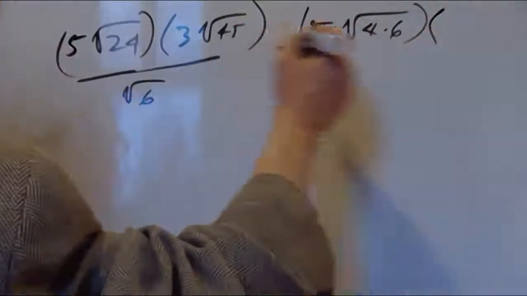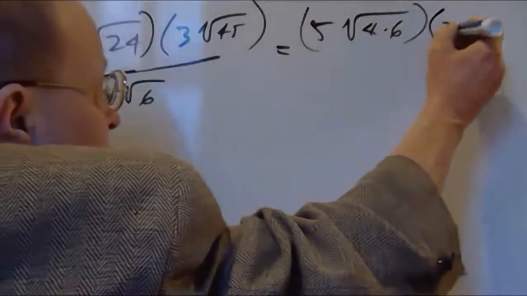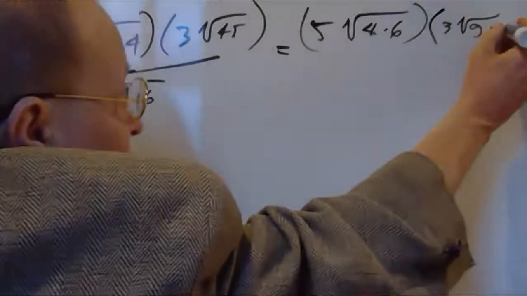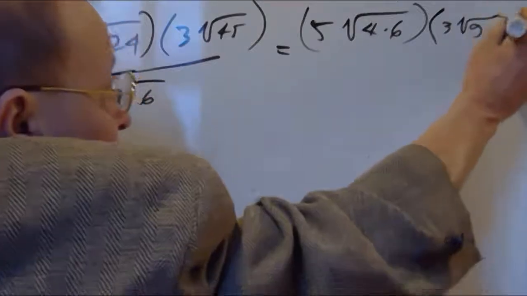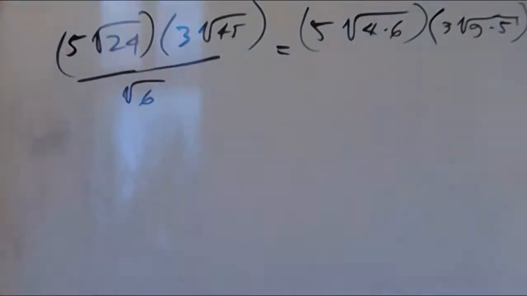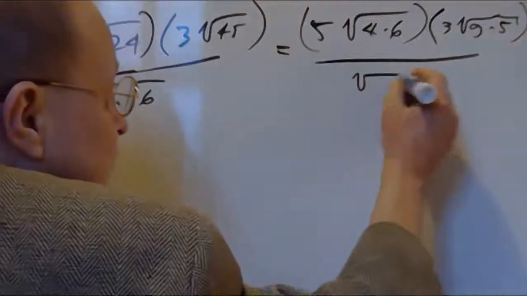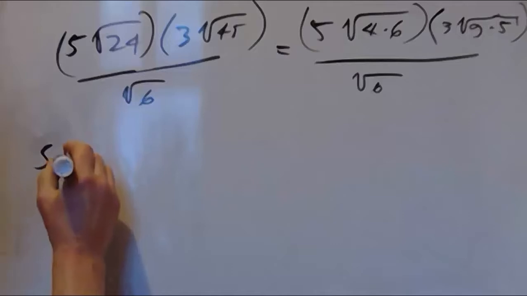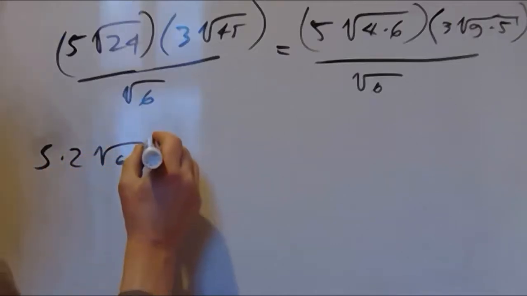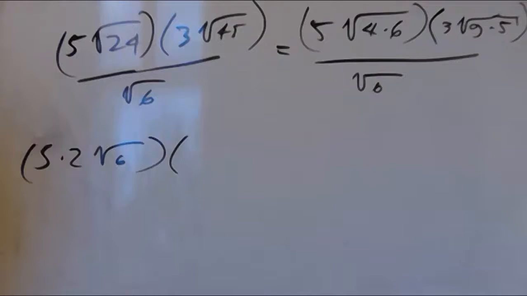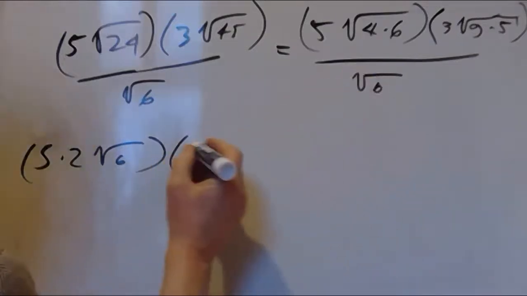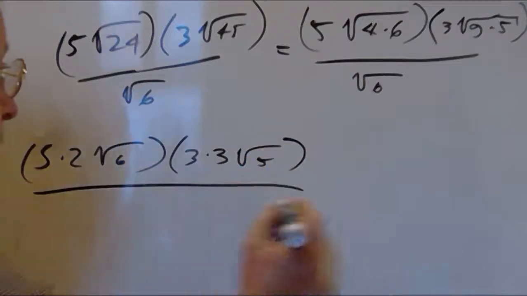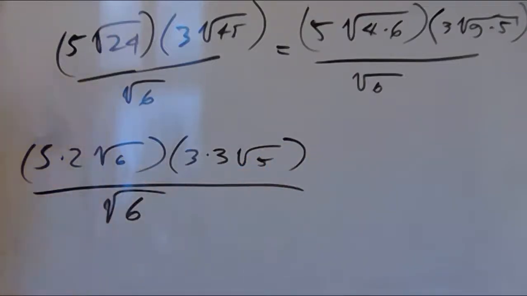And here we have 3 square root of 9 times 5, again looking for the perfect square. This is all divided by the square root of 6. So now we have 5 times 2, square root of 6, and here we have 3 times 3, square root of 5, all over square root of 6.